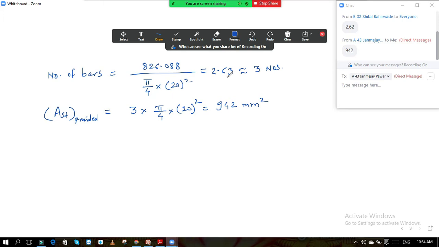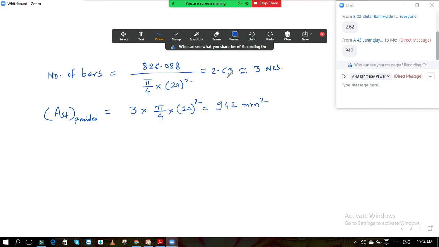MT is the twisting moment. That value we have calculated by using the formula. That formula I have already written in the previous lecture, and also it is given in the IS code. So there is no need to learn that formula by heart. From that we have calculated the value of MT, and we have added both the values, and we get ME1, total equivalent bending moment.